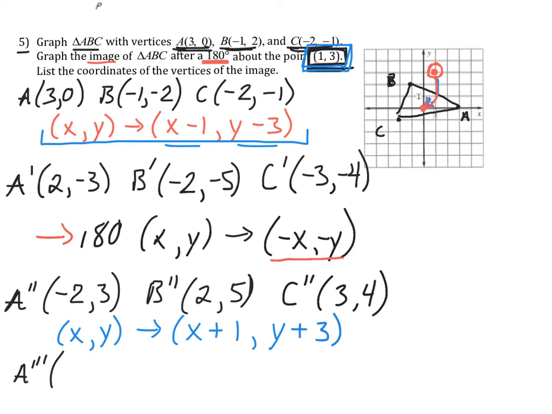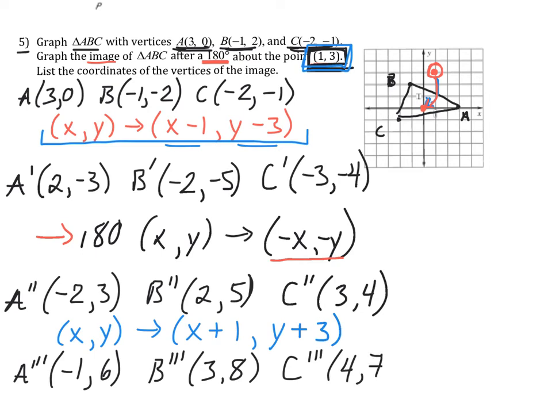So A triple prime is going to be at negative 1, 6. B triple prime is going to be at 3, 8. And C triple prime is going to be at 4, 7. Last thing I want to do is just graph my final triangle.